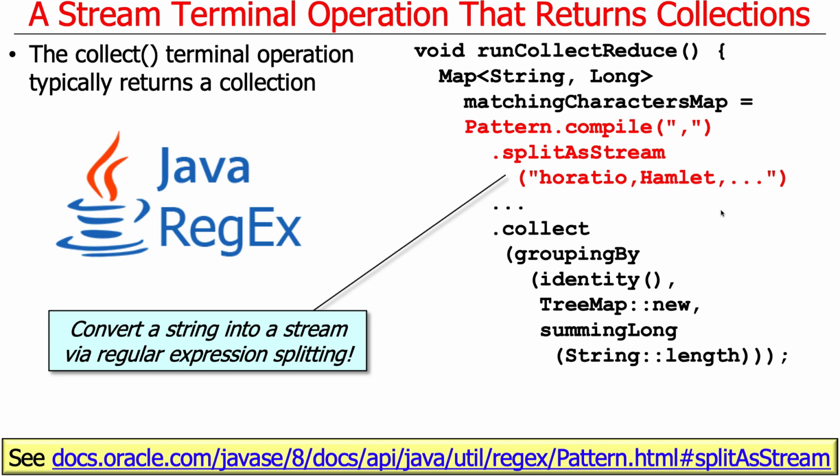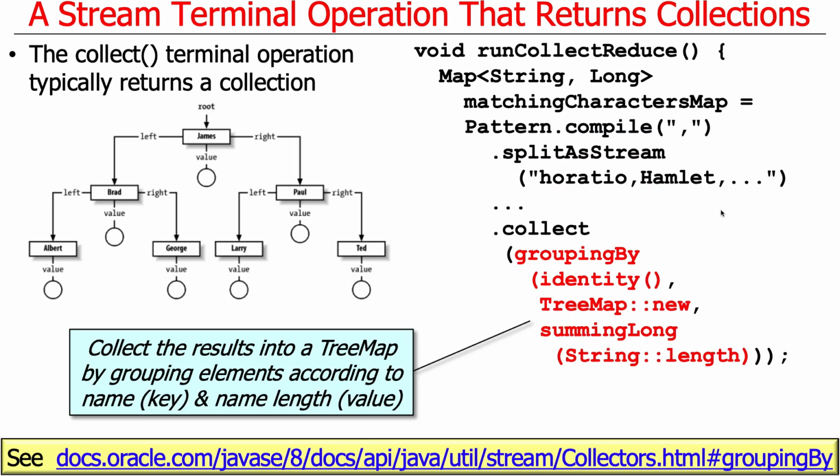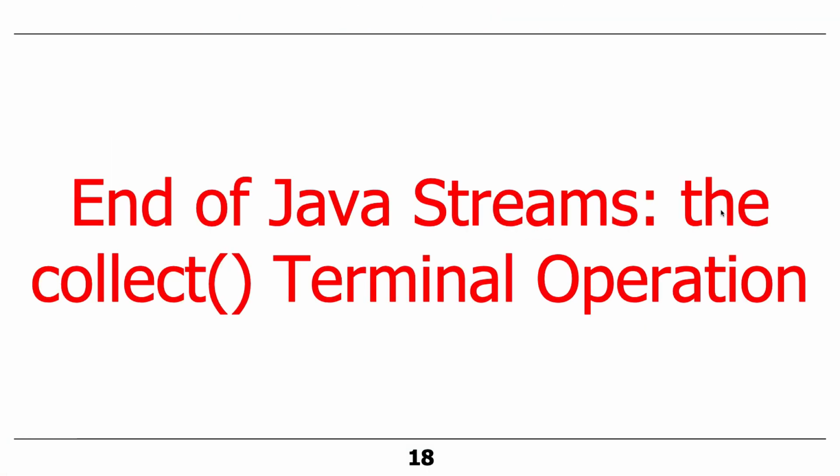So the comma is the splitter. And we're going to end up with a stream of strings that have been split out of the original input. So that's just another super cool example of how you can combine streams with other stuff. And again, we use the grouping by method to group by identity, tree map, and the summing long downstream collector. That's what we talked about before.